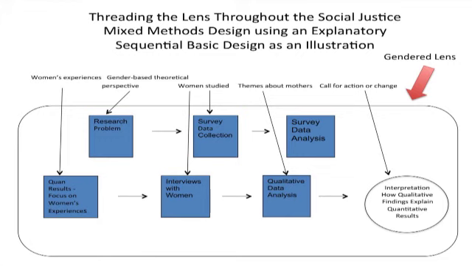In this example, I use a feminist gendered lens, where from the very beginning, women are the focus, the themes relate to women, the outcomes towards the end are very action-oriented to help women with some of the social justice issues that they face. You can see these lines where I've threaded the theoretical social justice feminist lens throughout the project.